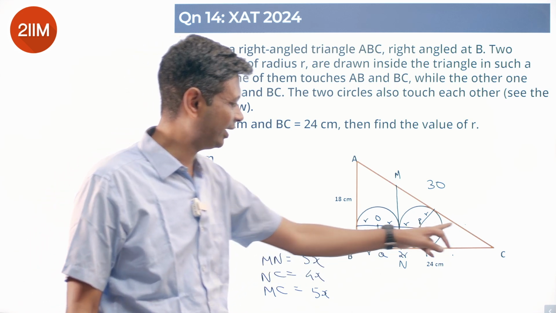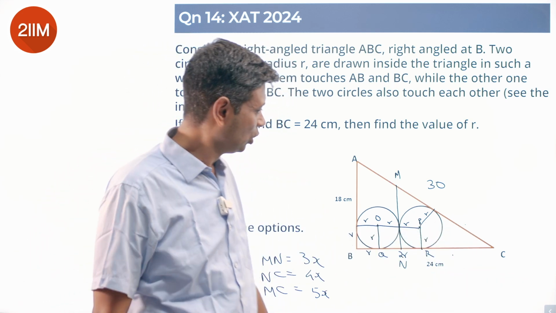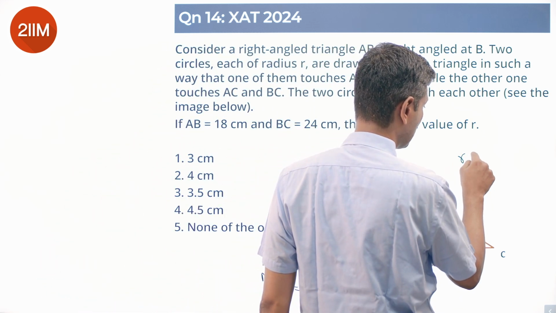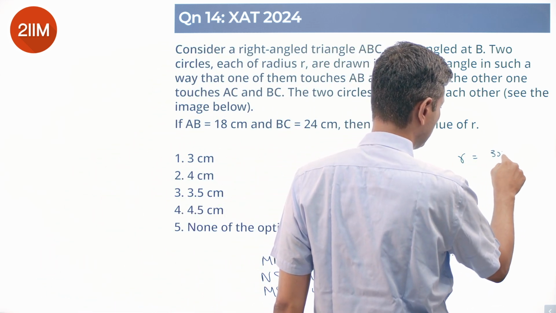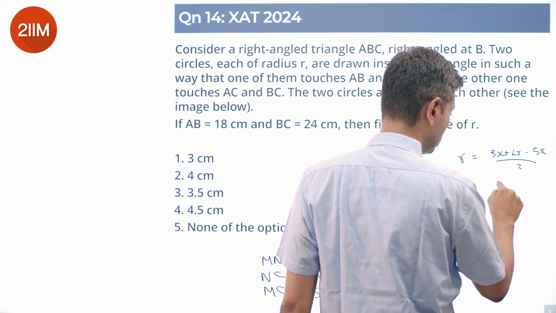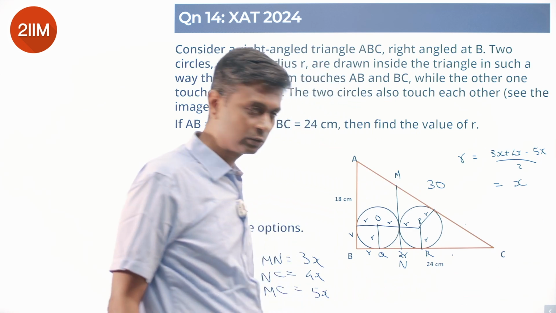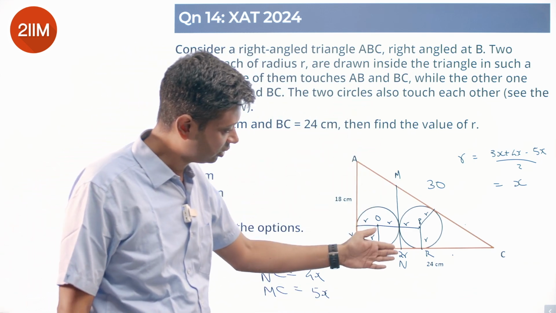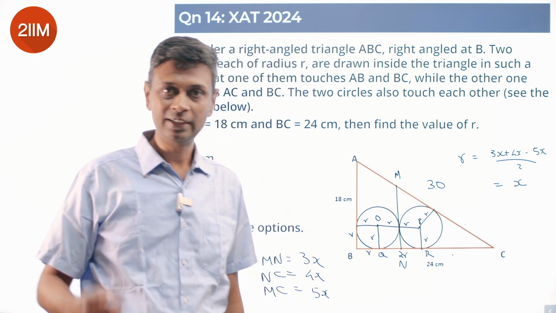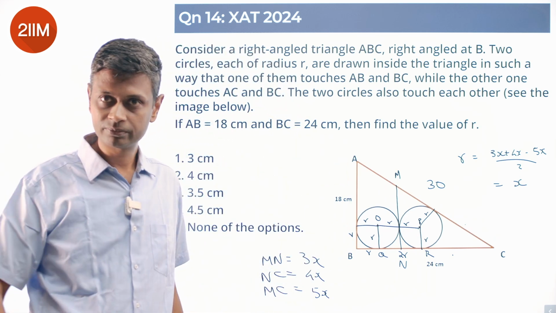This is a right angle, this angle is common. So 3x, 4x, 5x, the in radius, which happens to be R, will be equal to 3x plus 4x minus 5x by 2, which is x.